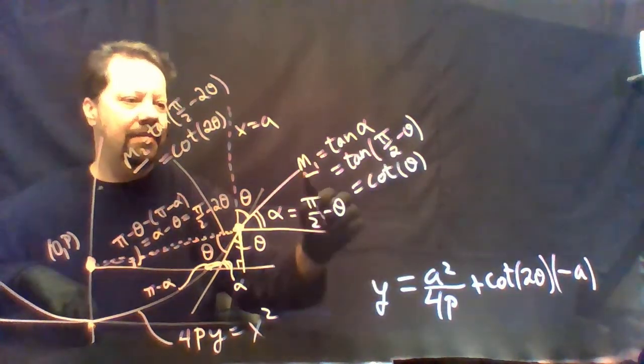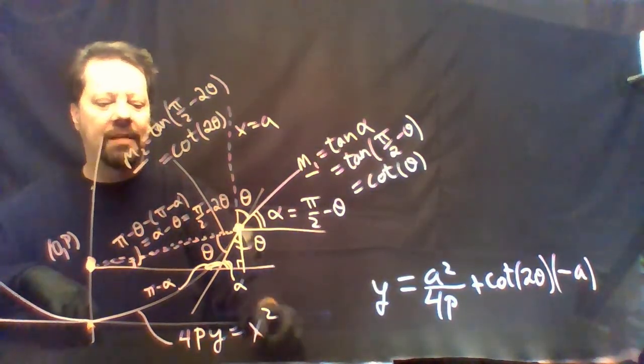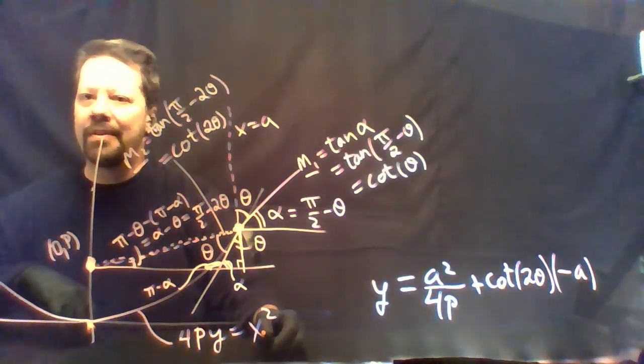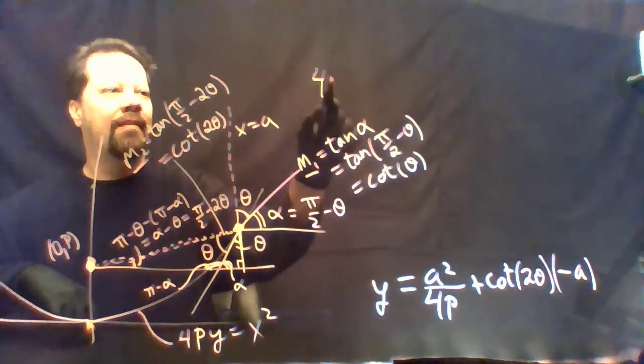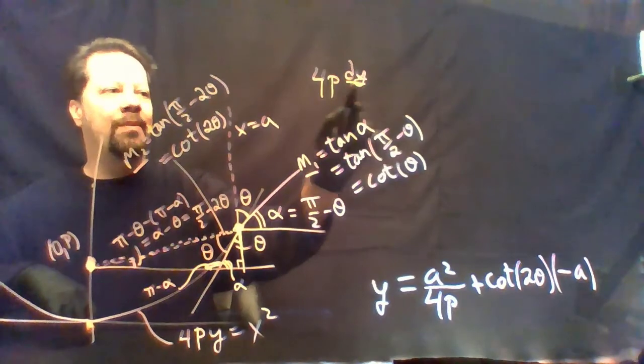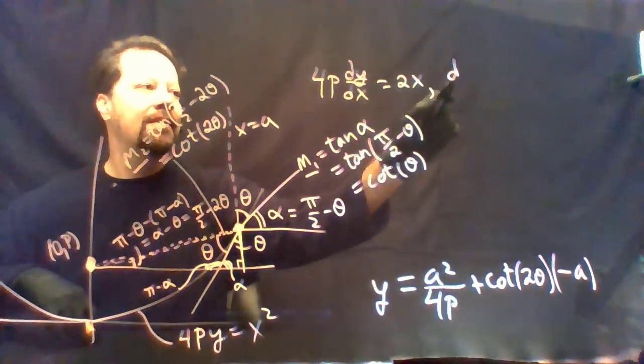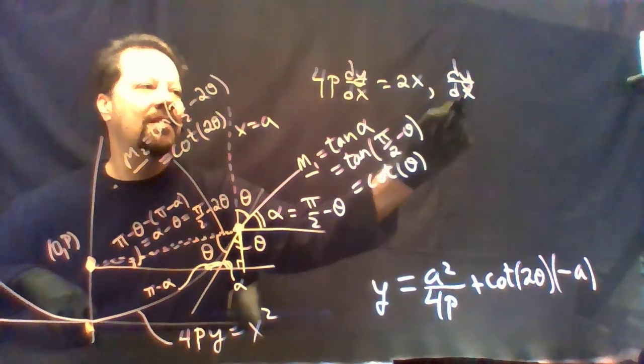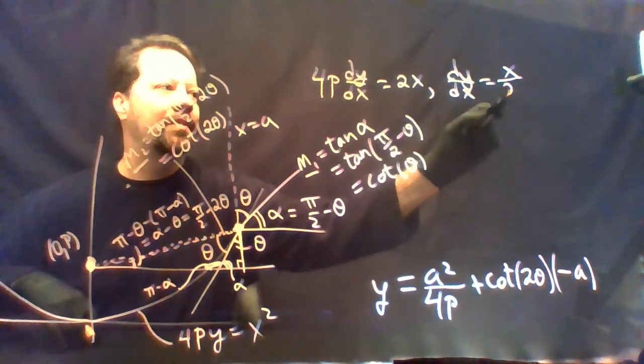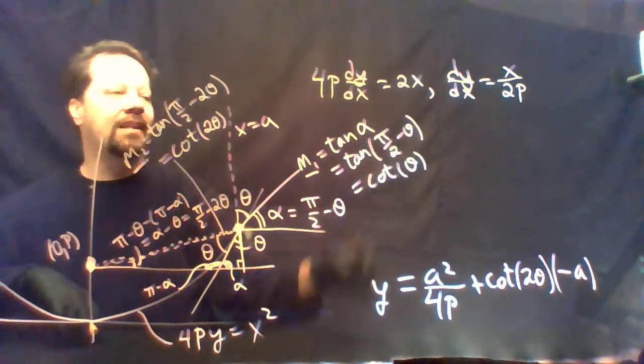We have cotangent theta is m1, but m1 can also be determined by the derivative. 4p dy/dx equals 2x, so that the slope dy/dx is x over 2p, canceling a 2 from each side.